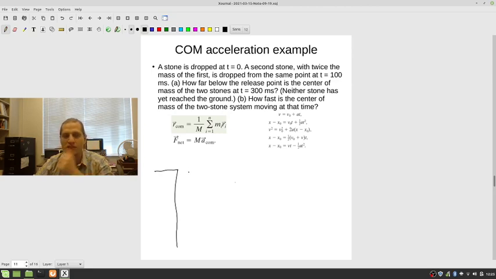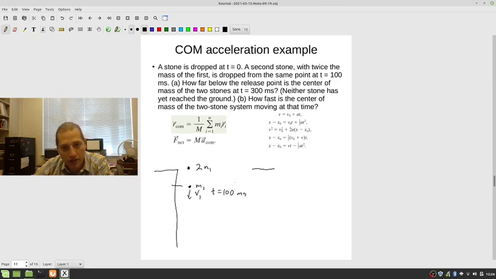So the story here is that the first stone has dropped a ways, and it's going to have a V1 and a mass m1. This is at time equals 100 milliseconds. Now at that time you drop another stone, with 2 times m1.